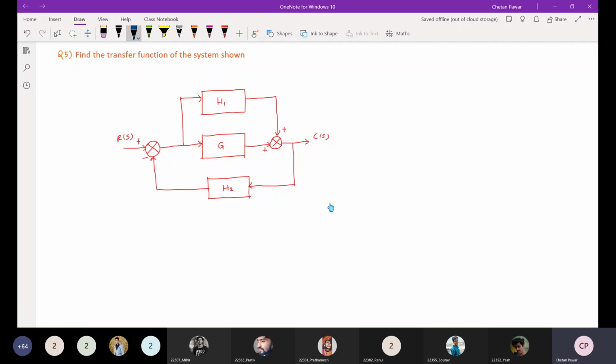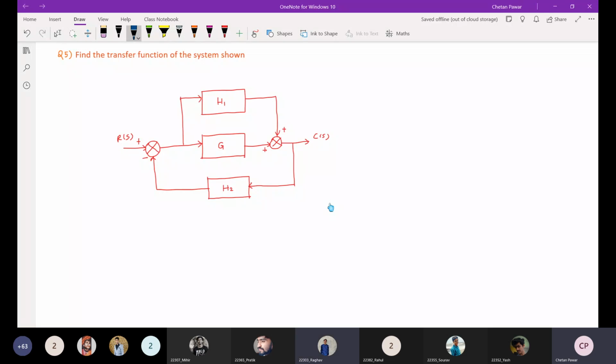So what will be the first technique we will apply to reduce this block? What do you think? Anyone? So first we will resolve the inner loop, then the outer loop. Which one is the inner loop and which one is the outer loop?